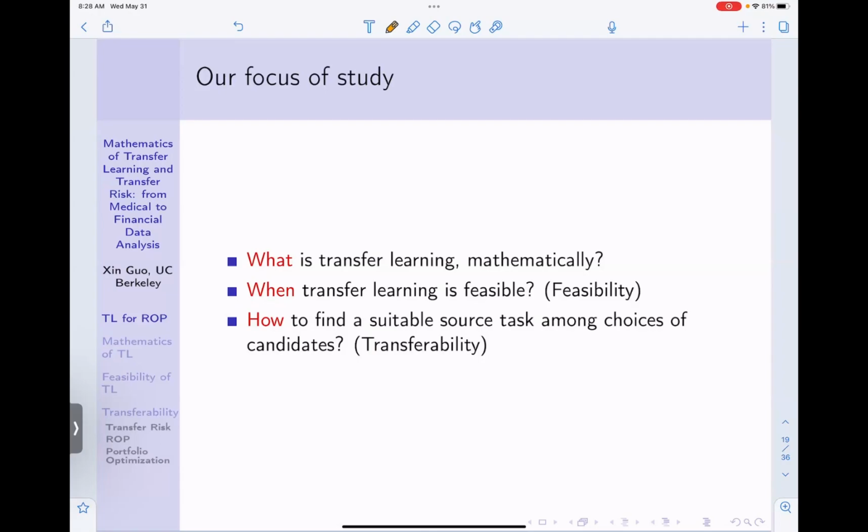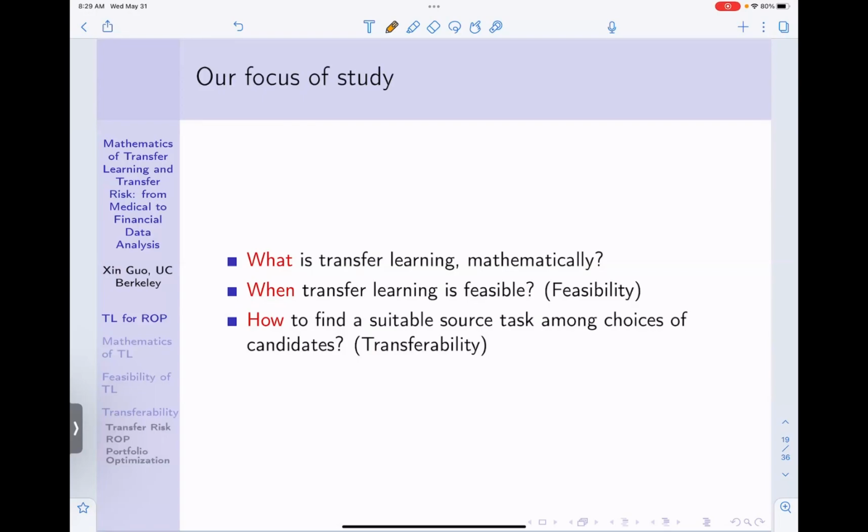Do I start with other eye diseases and transfer, or do I start with generic image classification and transfer? How do we differentiate among choices of candidates, how do I find the most suitable one? Is there any criterion for us to measure this transferability? That's the question that we abstract from this very practical analysis.